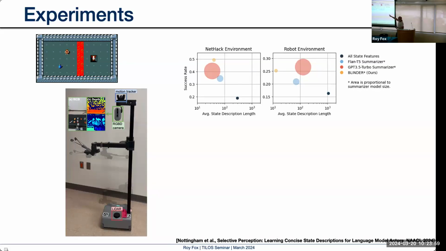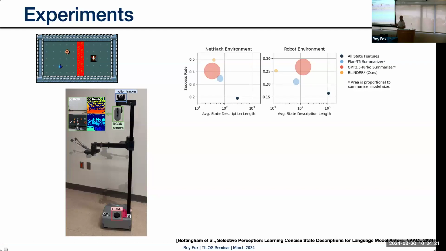The y-axis is success rate at the task, so ideally you would be left and up: a very compressed, very succinct state, and then a very successful pipeline. We're comparing four things here. Black is with the entire full state description coming from our vision language model. You can see that these are very long descriptions and often not very successful because they're distracting.